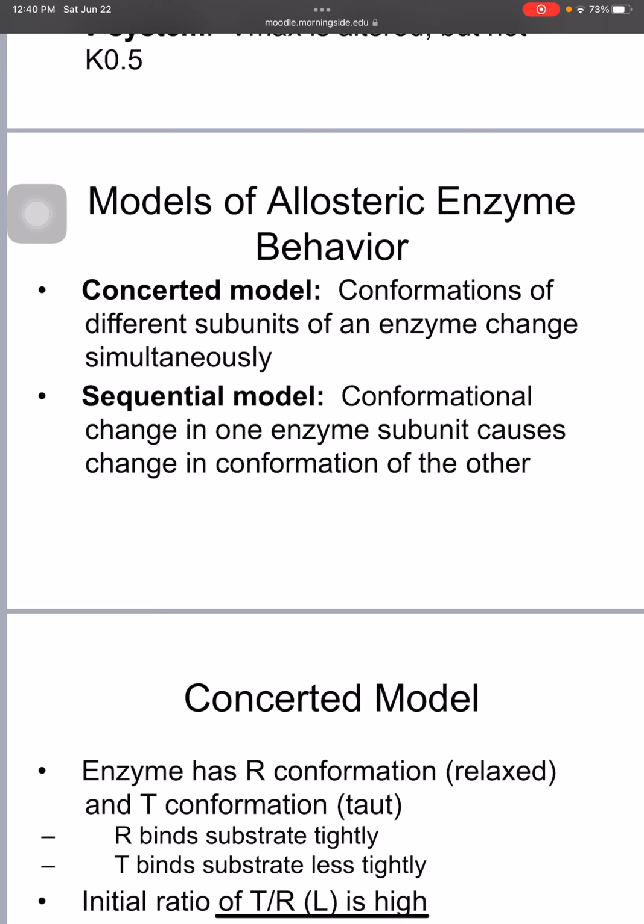It'll cause that subunit to change conformation. Once the subunit changes conformation, then, and only then, does the conformation of another subunit change, and so forth. It's much more of a domino effect, instead of it all happening at once. Both of these occur. Some allosteric enzymes will follow the concerted model, some will follow the sequential model.